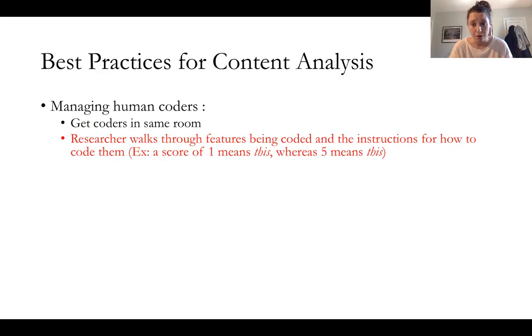And in the rule book, because there's an actual written rule book that you have to write out for how to do this, let's say that you're going to have the research assistants give each speech a code that goes from 1 to 5. 1 is the most pessimistic and 5 is the most optimistic. You have to walk them through what a 1 symbolizes. So a 1 means this. It's really, really, really overwhelmingly negative in a very overt way, whereas a 5 means this. So you walk them through the features that they are going to code and what each number indicates in that coding scheme.